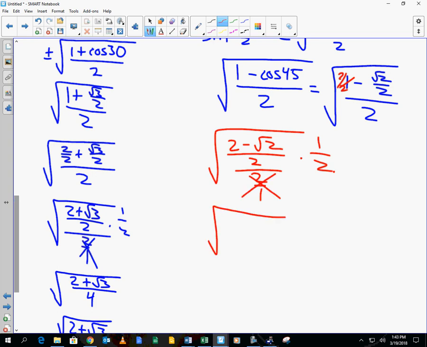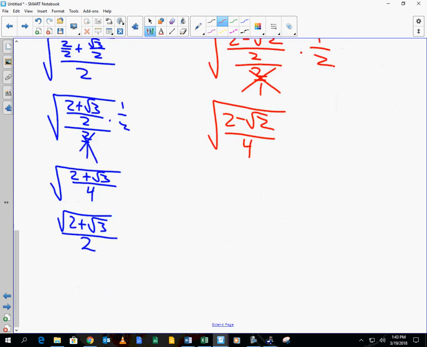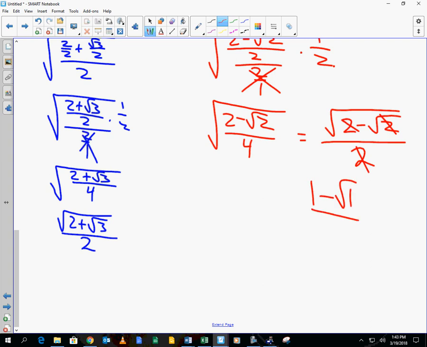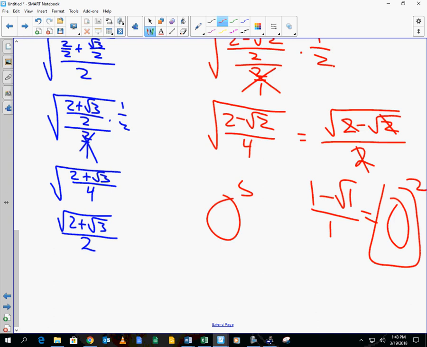And I get the root of 2 minus root 2, all over 4. Can you take the square root of the top? Nope. You take the square root of the bottom. That's sweet. Very good. All the 2's cancel, and we get 1 minus the root of 1 over 1, which is 0. And then square it. And then take it to the 5th power. And we're done.